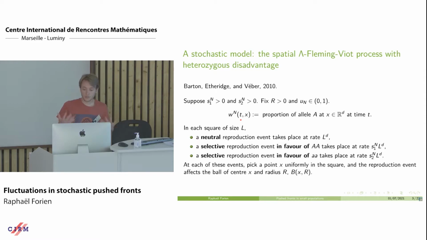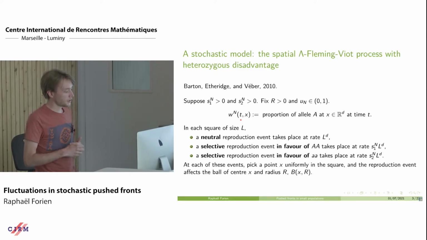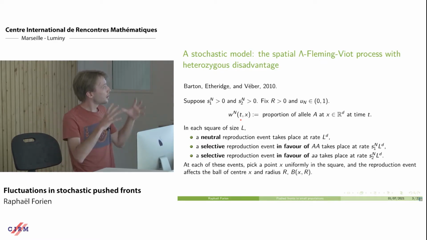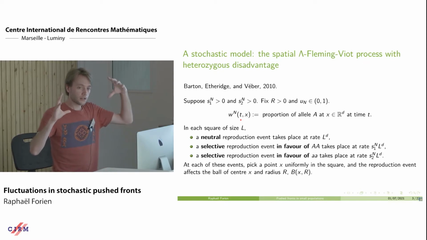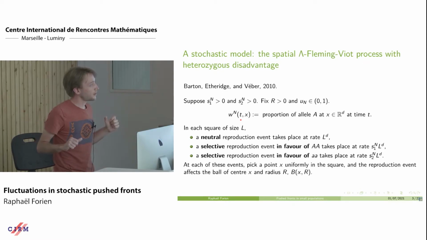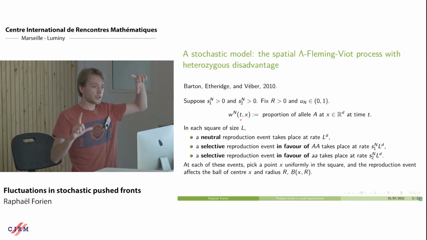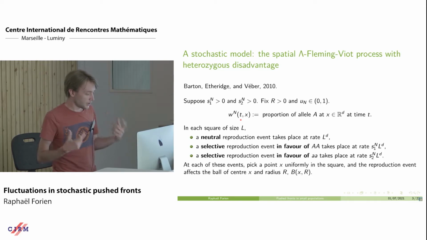And the population is going to evolve through a series of reproduction events. There are going to be three types of reproduction events, and these are drawn according to Poisson point processes. What this means is that in each spatial square of size L, you pick a neutral reproduction event at a rate proportional to the area of the square, so L to the d.